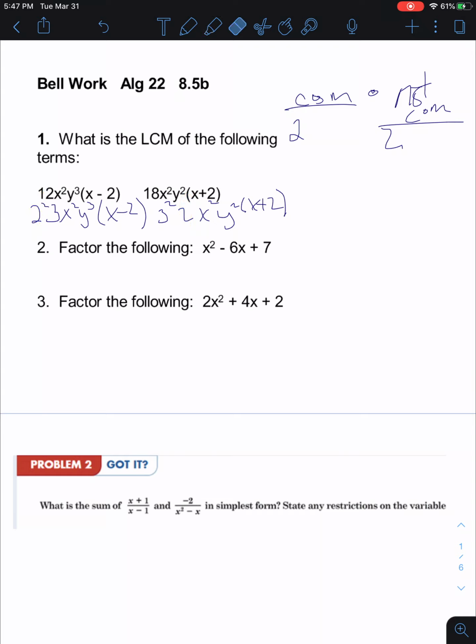If we looked at the 3's, there's a 3 here, and there are 2 3's here. So that would leave us with a 3 in common and a 3 that's not in common.